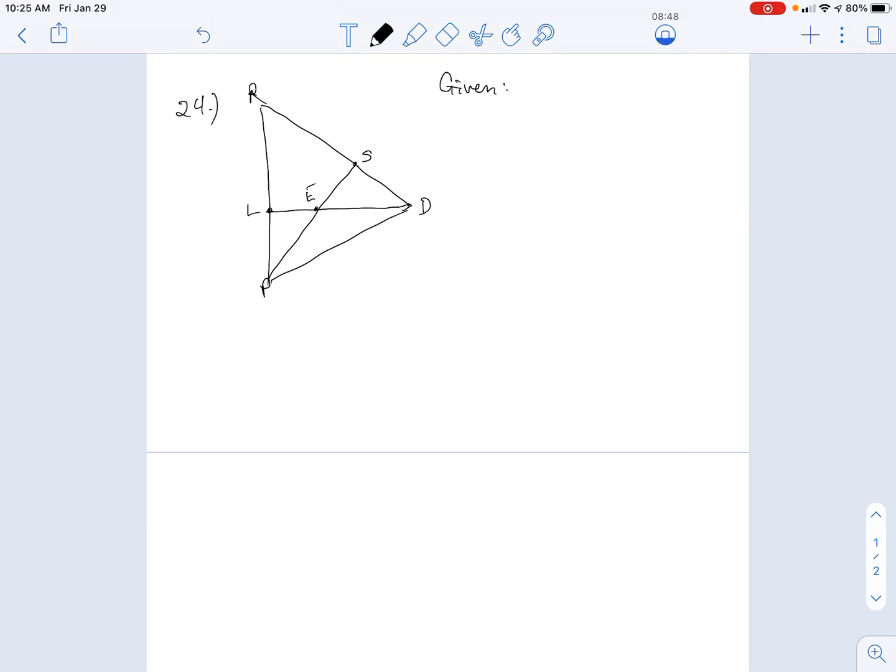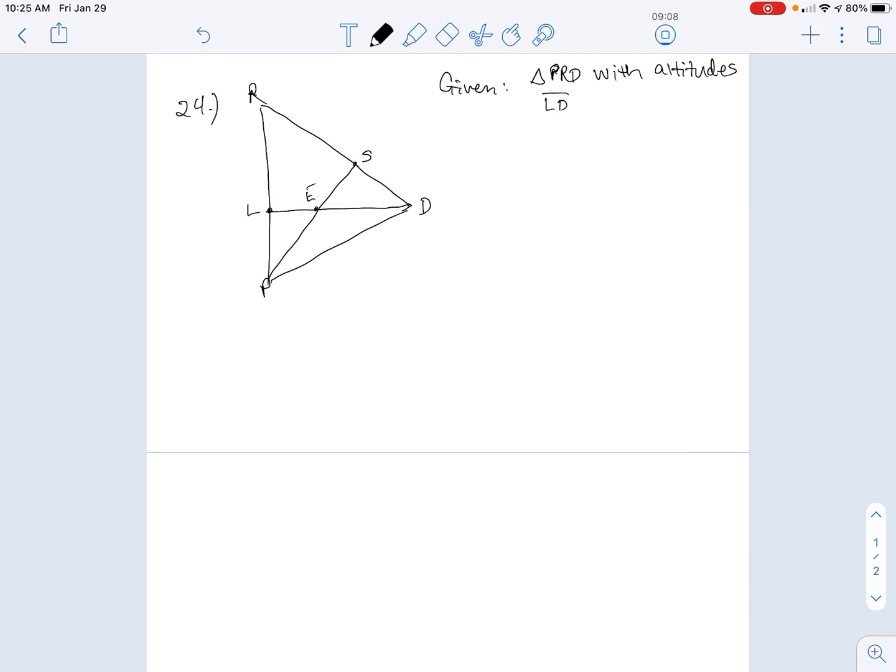Now here's our shape. So let's put the given information down here. So here's what we're told. Triangle PRD, that's basically just making mention of the shape that we're looking at with altitudes. Basically, lines that are showing the height of the triangle.